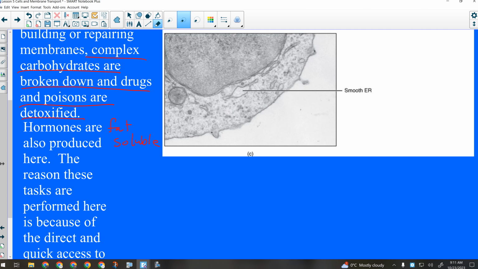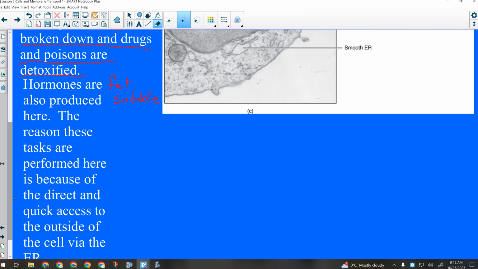So, does the smooth ER have lots of jobs? It does. On a quiz or a test, how many of them would I expect you to write down? One. So on Thursday, when I say name and give the function, if smooth ER is labeled, one of those functions is given. Now, I don't want anyone to just go and memorize only one thing that the smooth ER does.